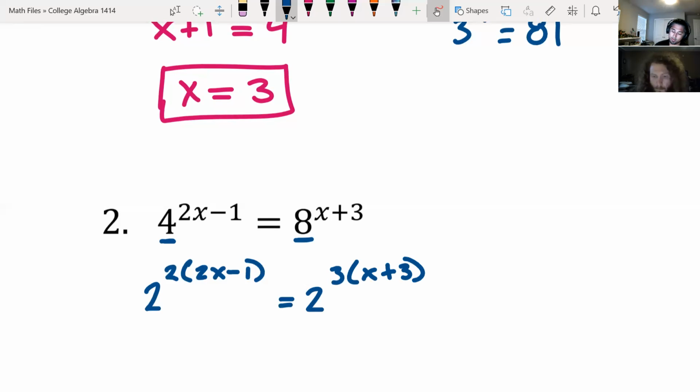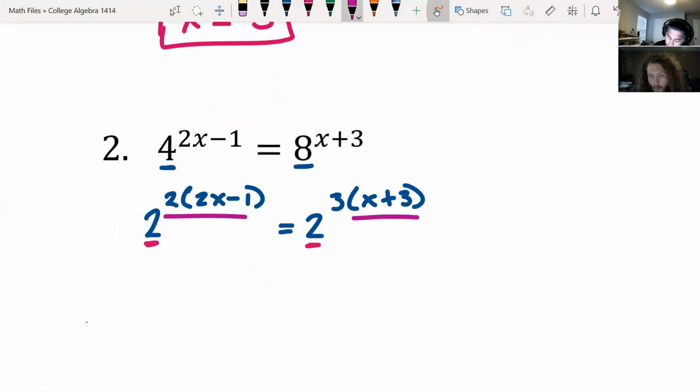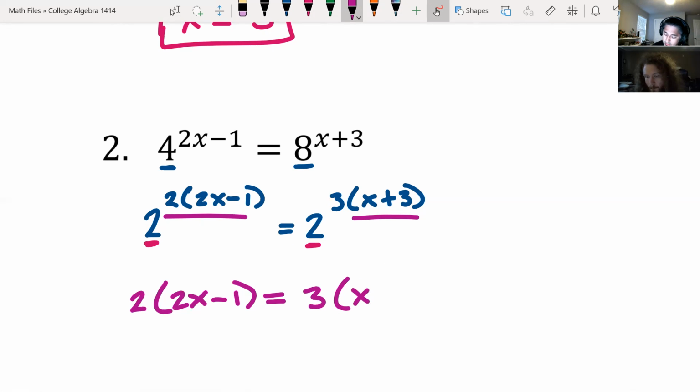Okay. So we have rewritten the bases, and now the bases are the same. So you can set the exponents equal to each other. So you'll get 2 times 2x minus 1 equal to 3 times x plus 3.